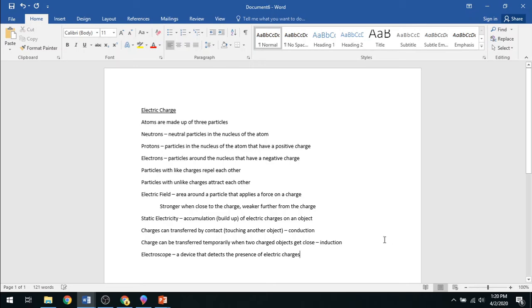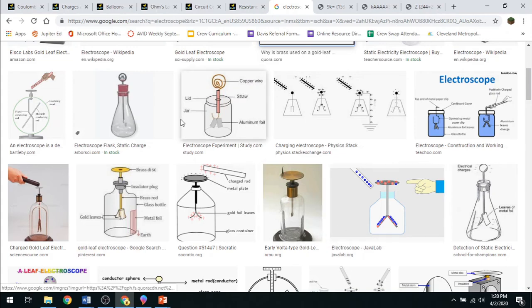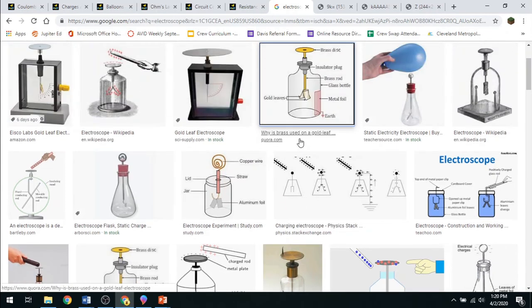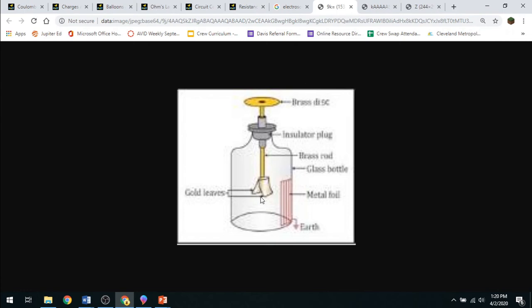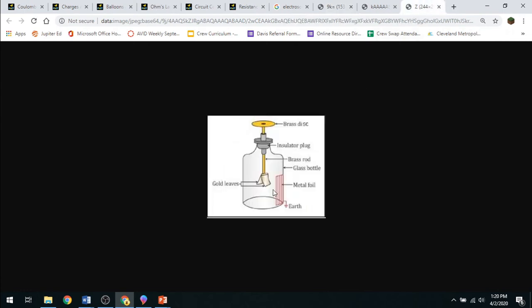So there are some pictures I found on Google here. Typically, back in the day, you would have some sort of bottle with some gold leaves or metal. Gold's a really good conductor. So gold leaves in here, and you'd have something on top.